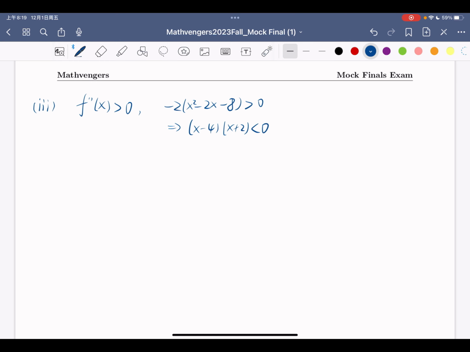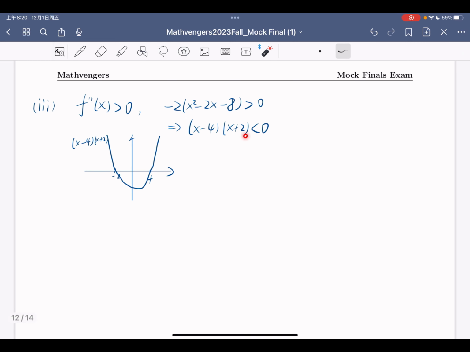Okay, so if you draw a graph, this is 4, this is minus 2, this is x minus 4 times x plus 2.